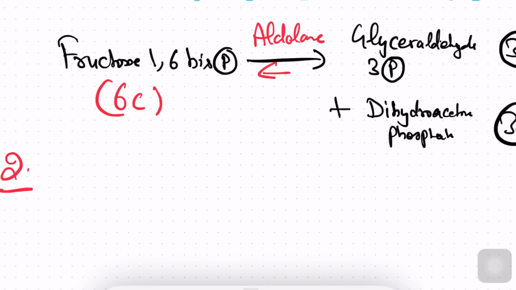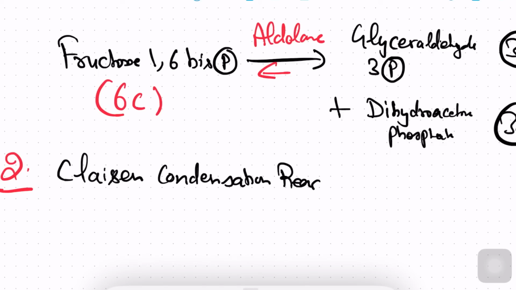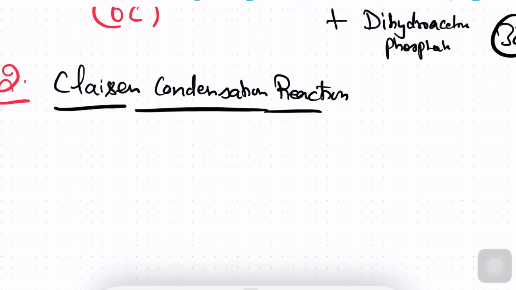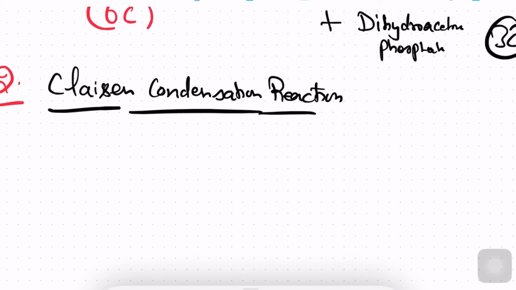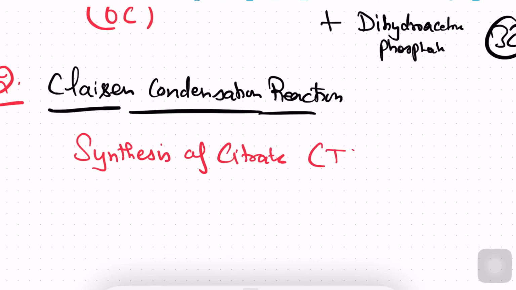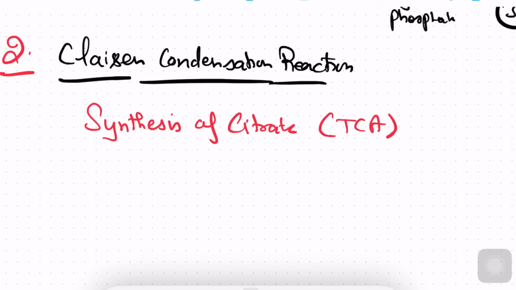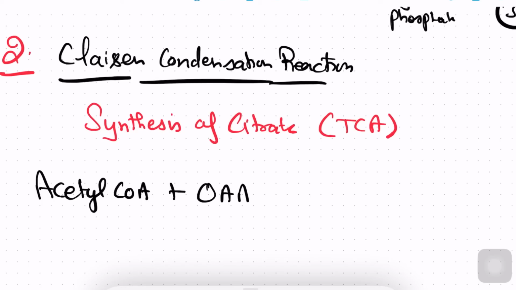Now keep in mind another reaction that you must have read in your chemistry class, Claisen condensation reaction. We are going to discuss this reaction a lot. It is the synthesis of citrate. Hopefully you remember it from the TCA cycle. Acetyl CoA is going to condense with oxaloacetate.